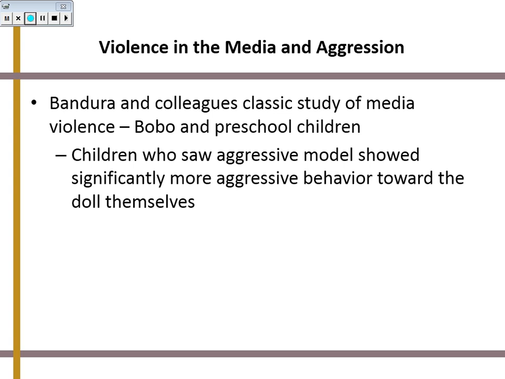What Bandura used was a thing called Bobo. Bobo was a punching bag. Everybody knows those things that you punch. You've got the sand in the bottom. You punch it and it comes back. He had the little boy watch a video on violence. He then told the little boy, "We're going to take you in here, and I want you to enact what you saw with Bobo."